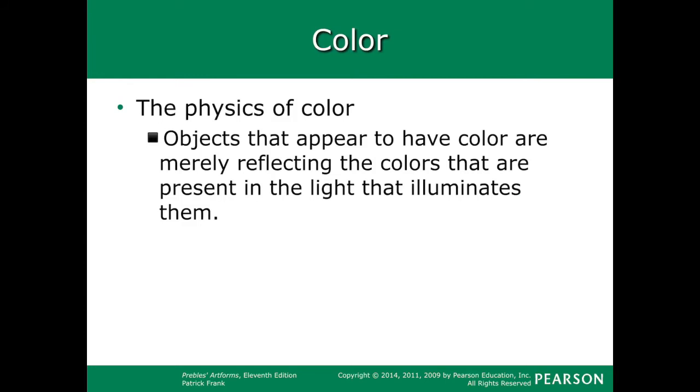So when it comes to the physics of color, objects that appear to have color are merely reflecting the colors that are present in the light that illuminates them. So when it comes to color, we are actually looking at the light bouncing off of that particular surface. If you are in a very dark room, there are no lights on, you'll probably not see color because there is no light.